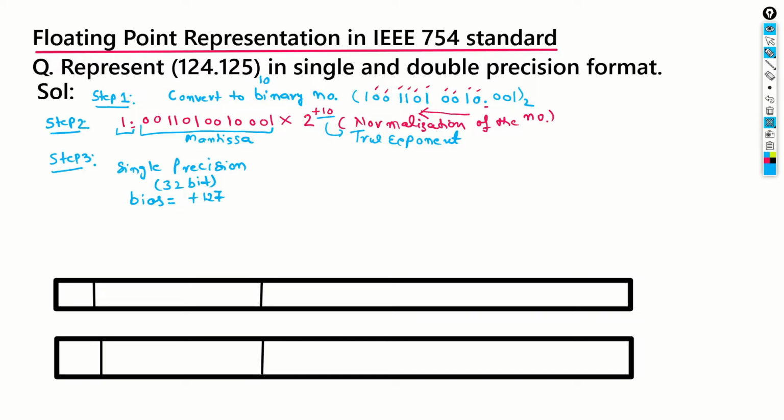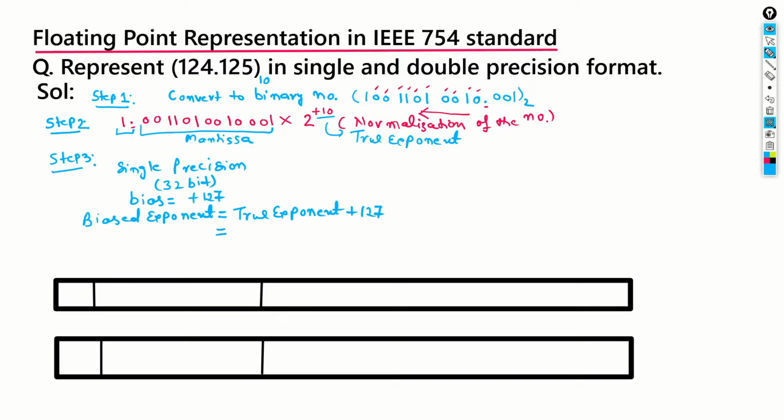Right. So to represent the number in 32-bit format, we will calculate the biased exponent. And the biased exponent is nothing but true exponent plus 127.